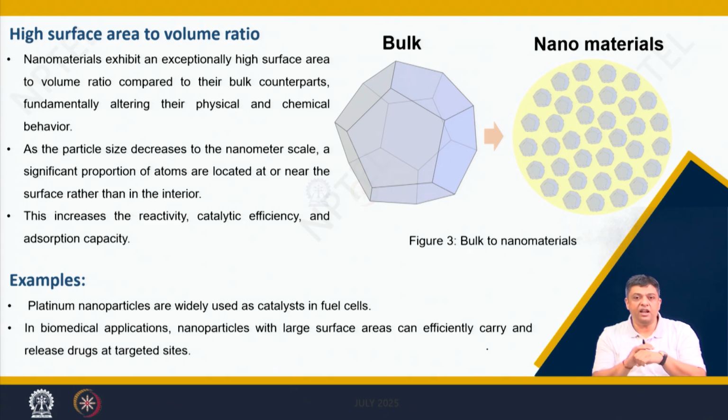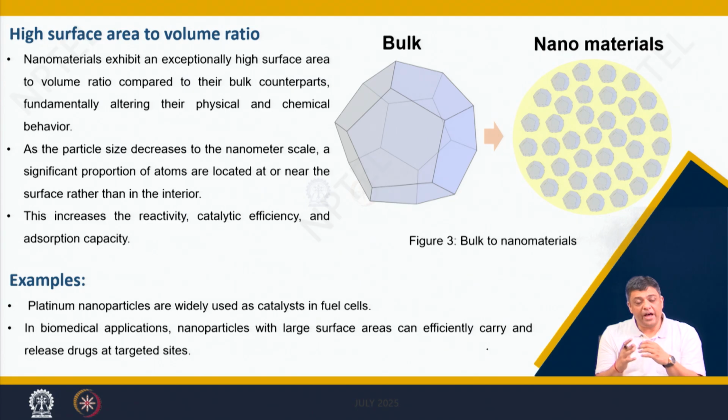Therefore, the atoms are near the surface of the particle, and therefore, each atom can contribute to the physical, chemical, mechanical or other properties of that particular molecular unit.